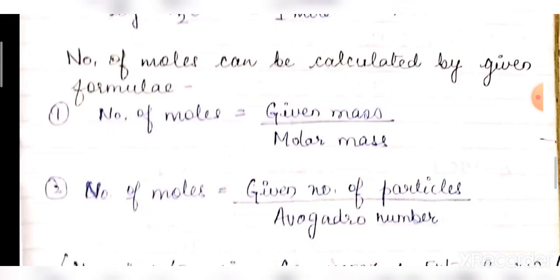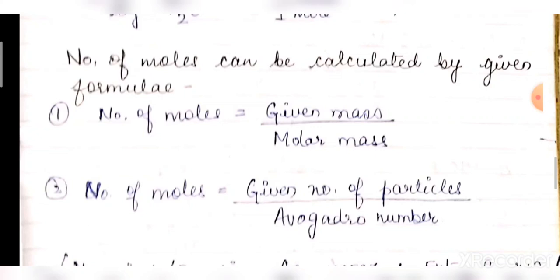For example, if we want to calculate the number of moles of water in 18 gram of water, given mass is 18 gram, molar mass of water is also 18. So we will write 18 upon 18, that will be equal to 1 mole.